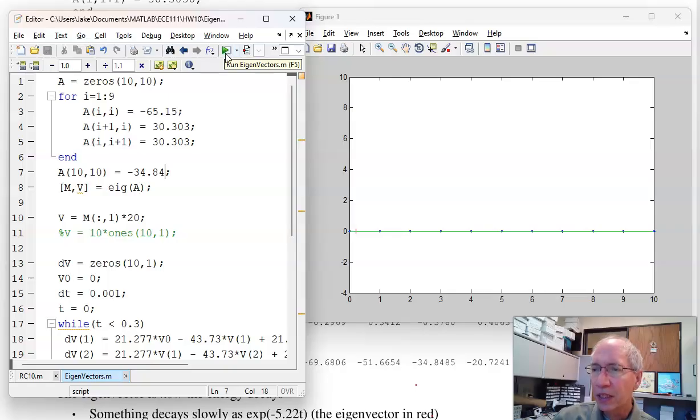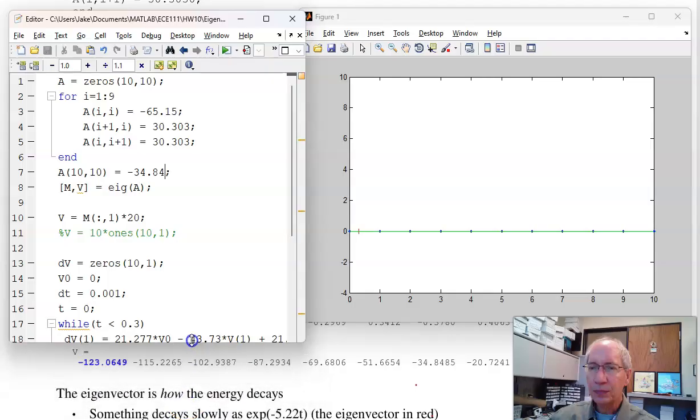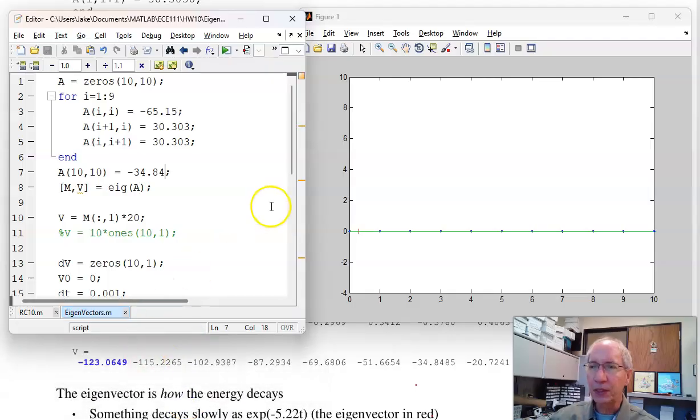Now what you're seeing is the eigenvalue and eigenvector. The shape is the eigenvector. If you notice, the shape stays the same, that plus minus, plus minus, plus minus. The amplitude is the eigenvalue. The amplitude is dropping down as e to the minus 123t.